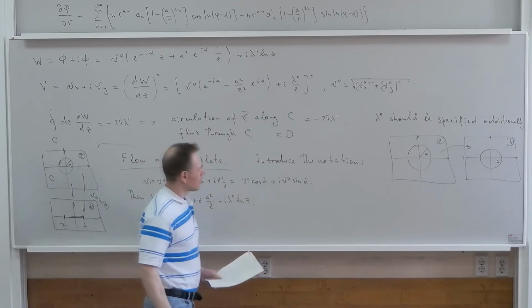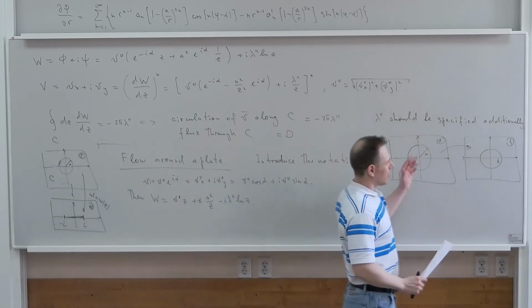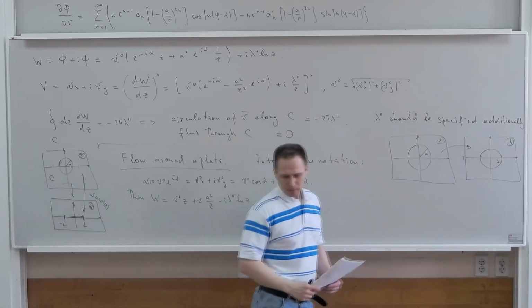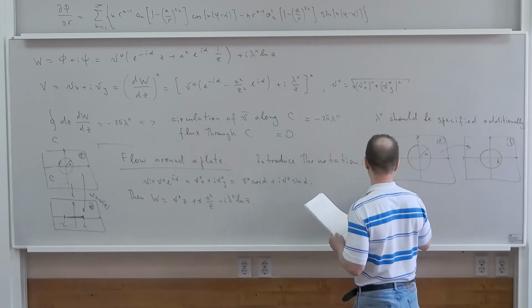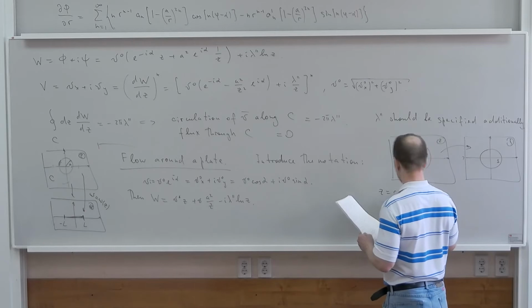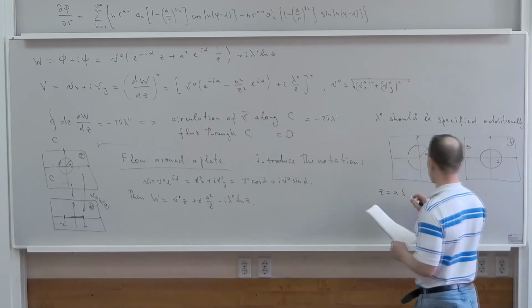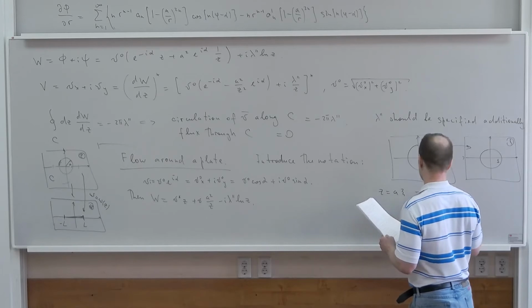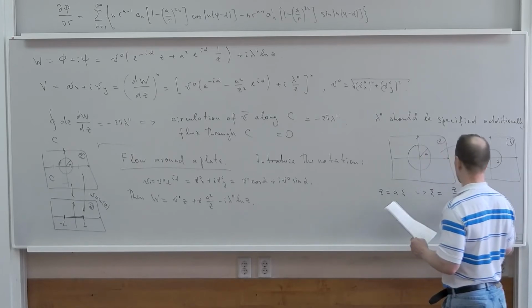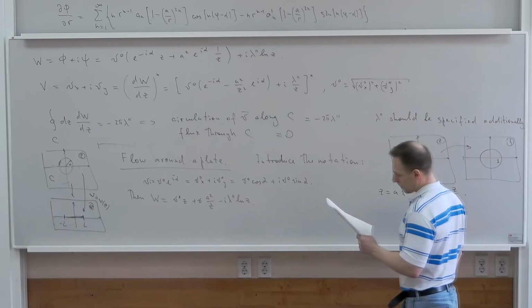The analytical map, which realizes the conformal mapping, is very simple. It's just a denotation, such a denotation, and the inverse map looks as follows.